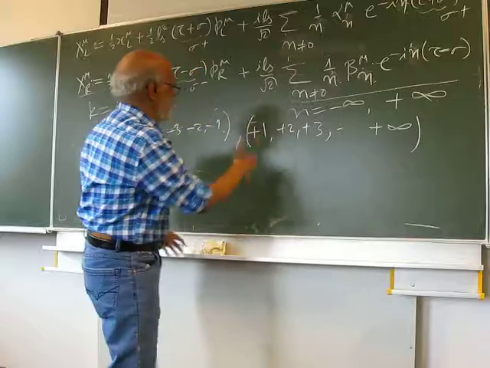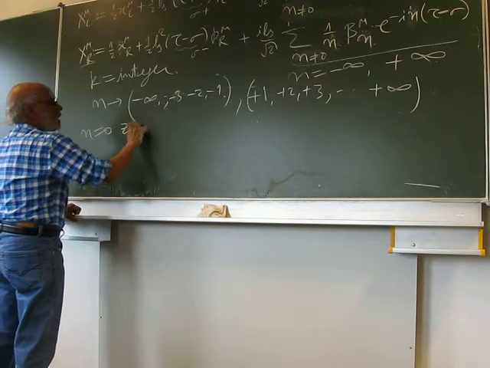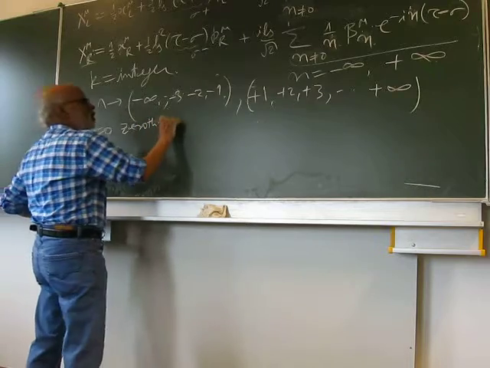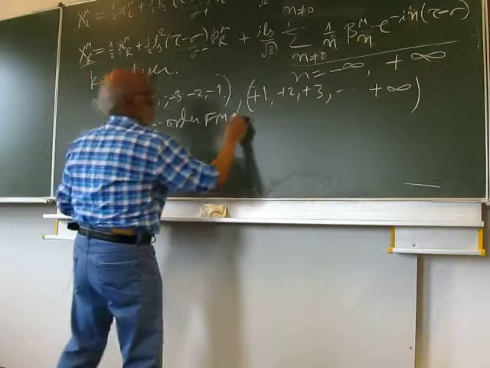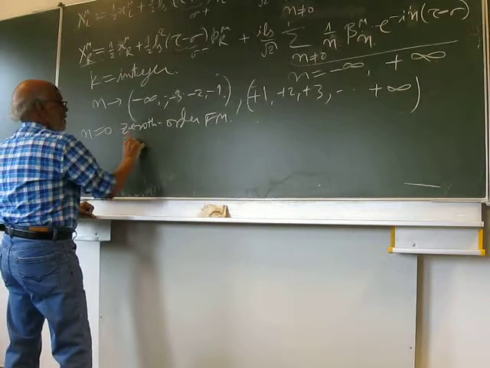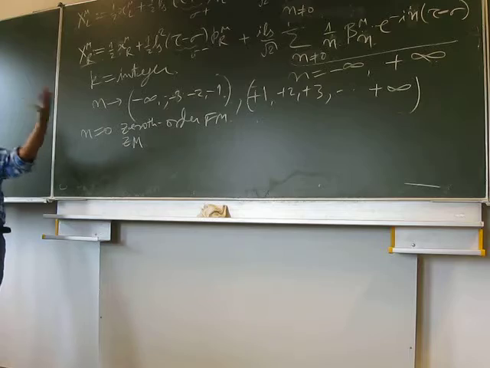What actually happens is that n equal to 0 corresponds to the 0th order frequency mode, or in short it's called a zero mode.